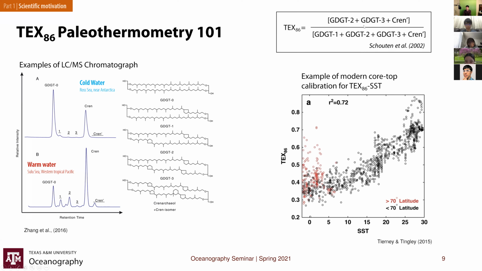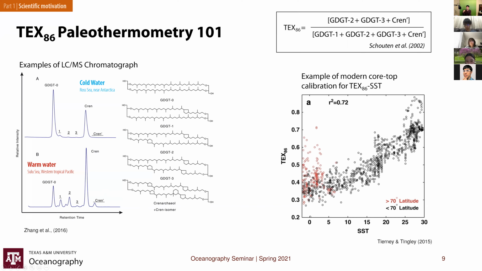It's just a relative abundance between these minor GDGTs. By calculating these TEX86 values from core top sediments, which are the surface sediments that people have collected from all over the global oceans, and comparing them with the sea surface temperature, you can see that the TEX86 values have a strong positive relationship with sea surface temperature.